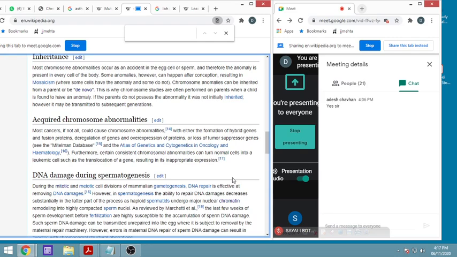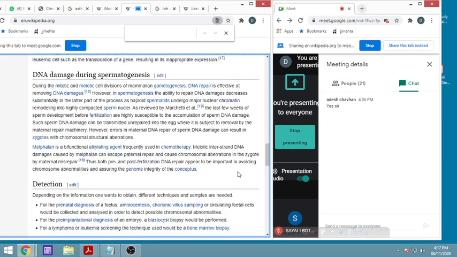This happens because of DNA damage during spermatogenesis, or because of certain drugs or chemicals. An example is melphalan, an alkylating agent used in chemotherapy, which can make changes in the genetic makeup, and there are many such drugs.